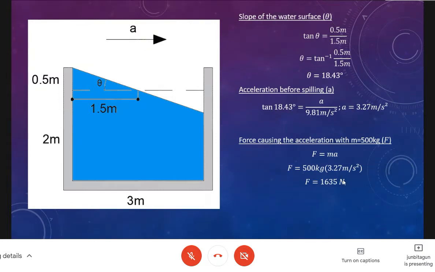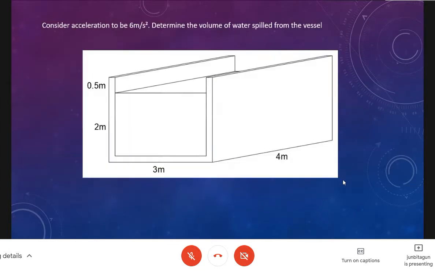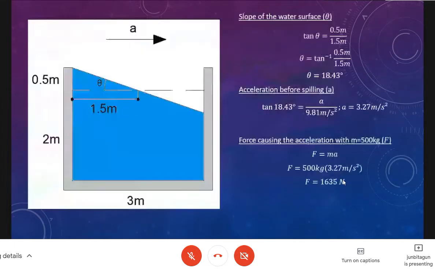It's that easy. Now, what if there's something that will be spilled? Like, for example, same container, same amount of water, but now the acceleration would be 6 meters per second squared. Okay? The maximum acceleration before you can spill something out with that container would be 3.27.